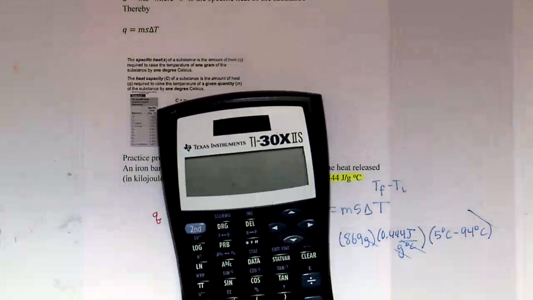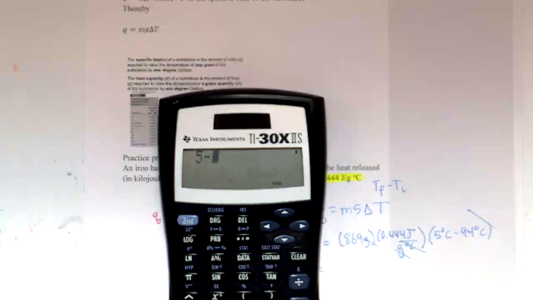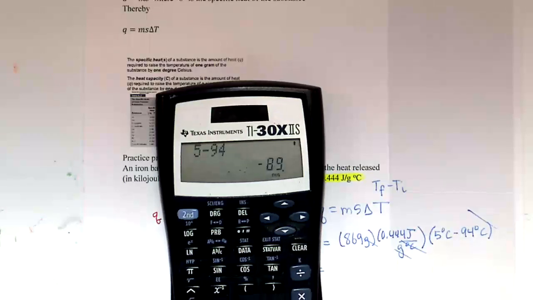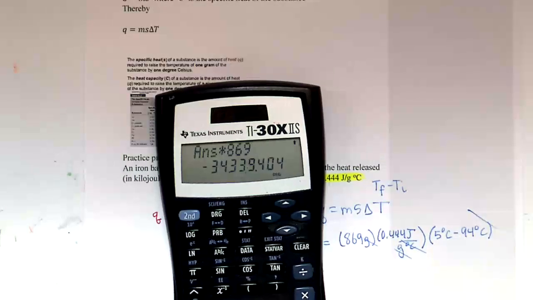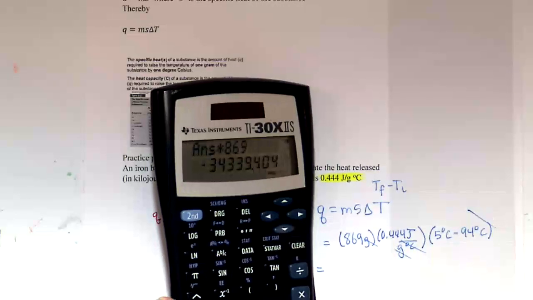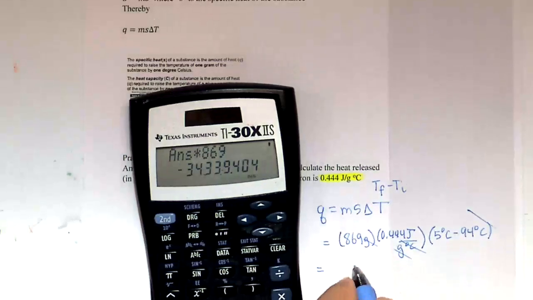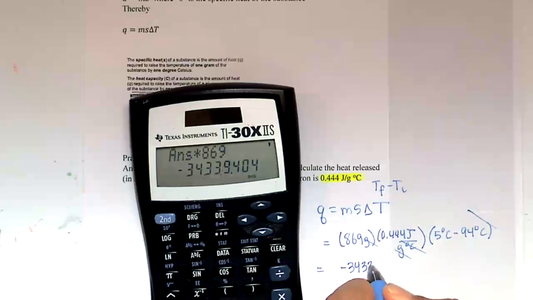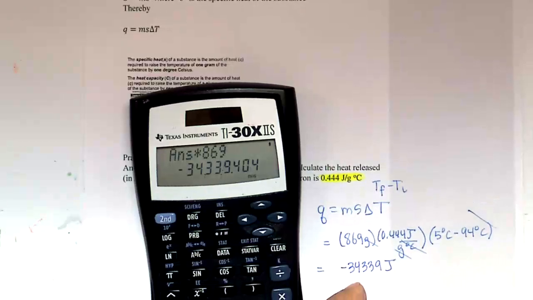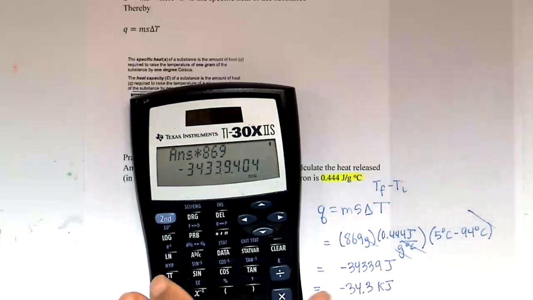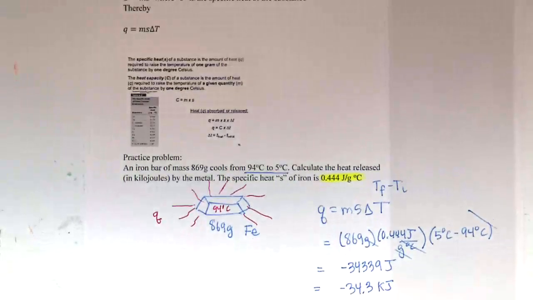So 5 minus 94 is minus 89, times 0.444 times 869, getting about minus 34,339 joules. That's how much heat is released to the surroundings. You can divide it by 1,000 and say minus 34.3 kilojoules. So one and the same.